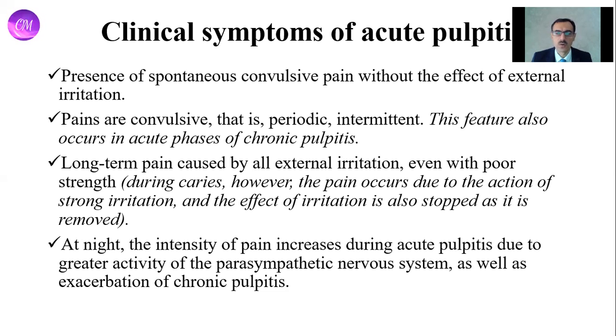During caries, however, the pain occurs with the action of strong irritation, and stops as it is removed. At night, the intensity of pain increases during acute pulpitis due to greater activity of the parasympathetic nervous system, as well as in the exacerbation of chronic pulpitis.